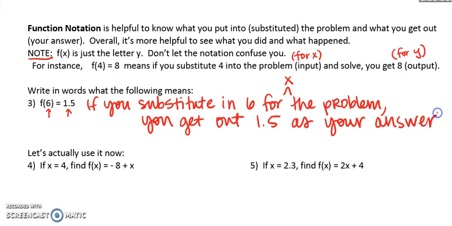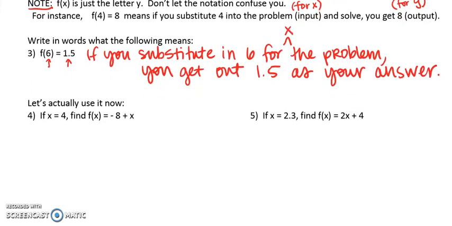Sometimes people call this y. Okay, it could be called y. And it really doesn't even have to be x, it's just some variable. So really, if you substitute in 6, you get out 1.5. That's really what you're aiming for here, okay?